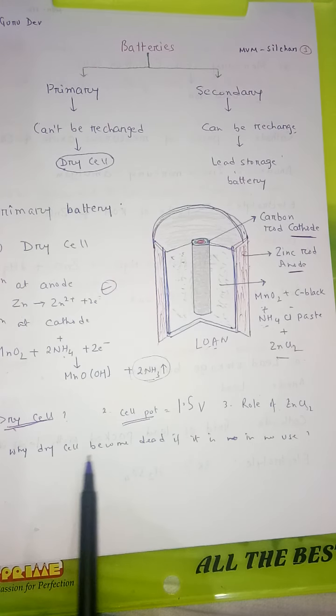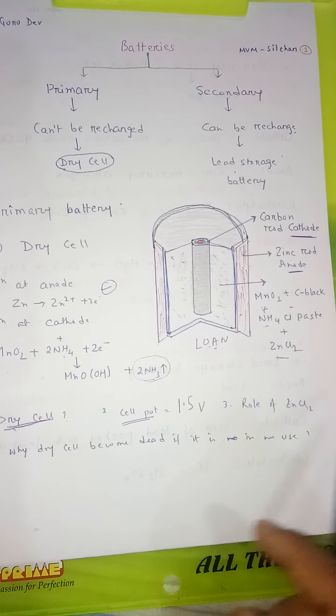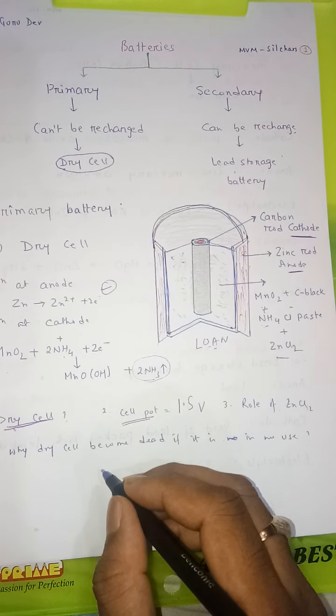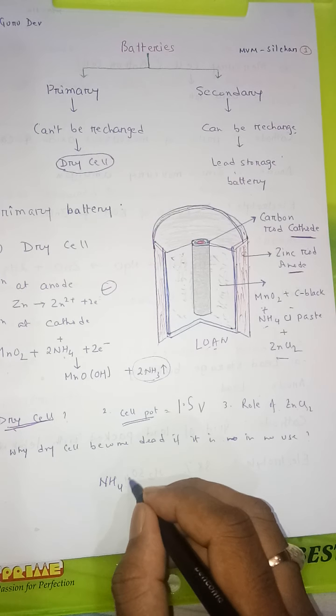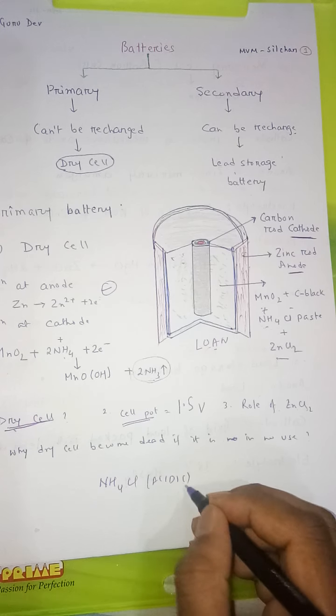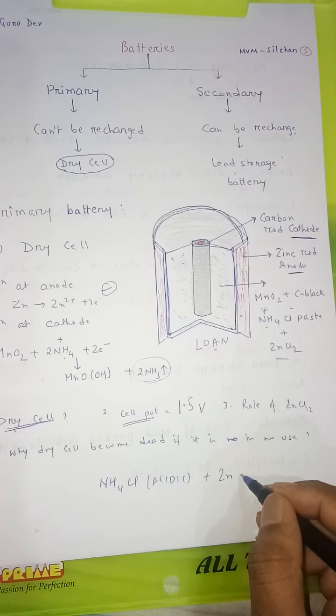So why does a dry cell become dead if it is not used for a longer time? In the cell we have ammonium chloride, which is acidic, and that reacts with the zinc casing.